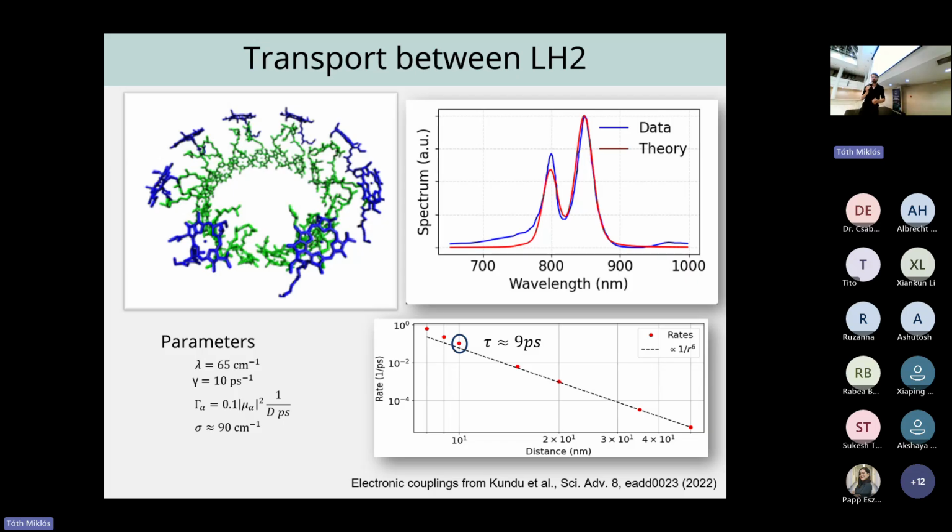And what we get here is at a distance of about 10 nanometers, we get a transfer time which is roughly consistent with literature. Again, these parameters are highly debatable. For these spectra, you can find multiple parameter sets that fit. And again, because our underlying spectral density is an approximation, we do not necessarily want to compare this with literature.